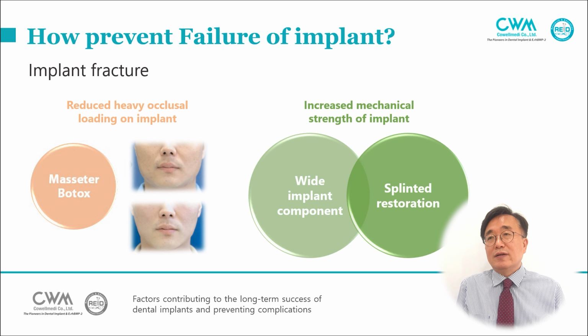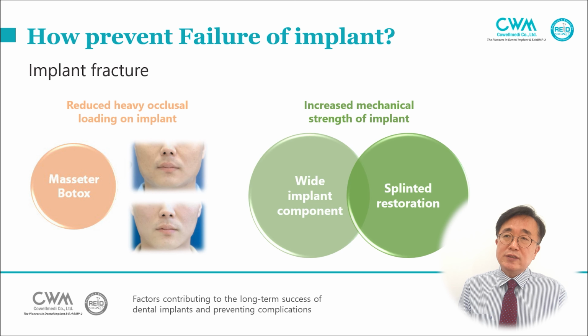Implant fracture could be prevented by masseter Botox injection, so masseter muscle force is decreased. And second, we have to increase the mechanical strength of the implant. So we have to use wide implant components, and the restoration has to be splinted.